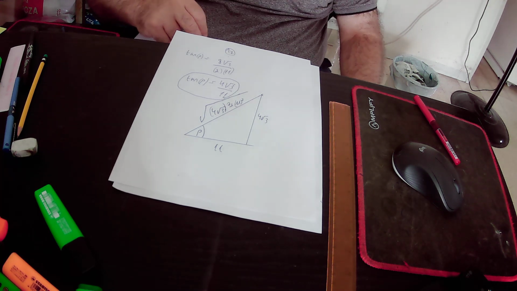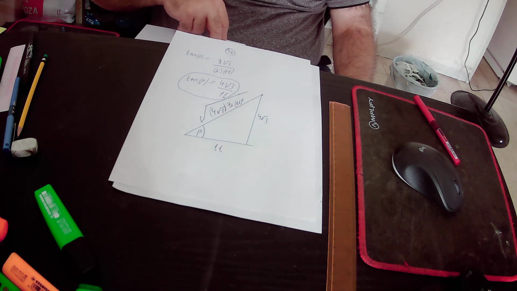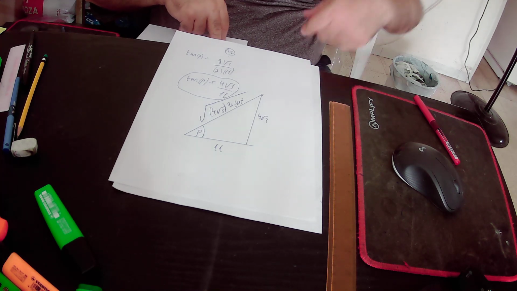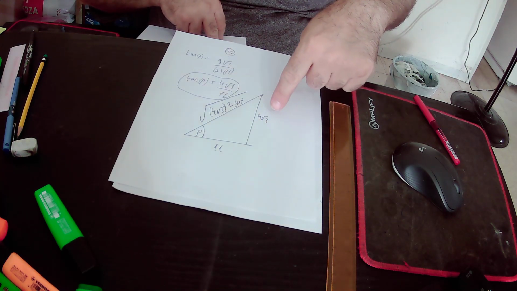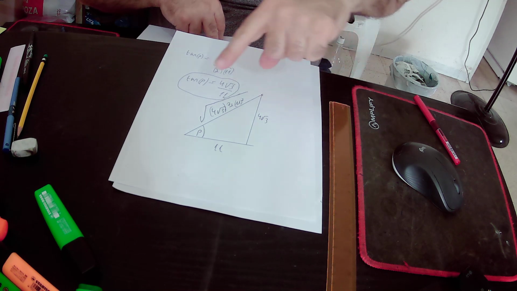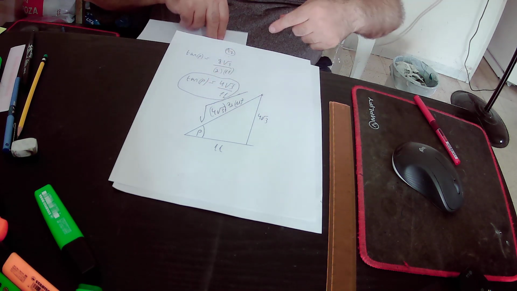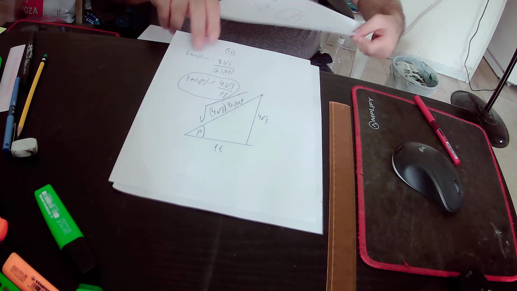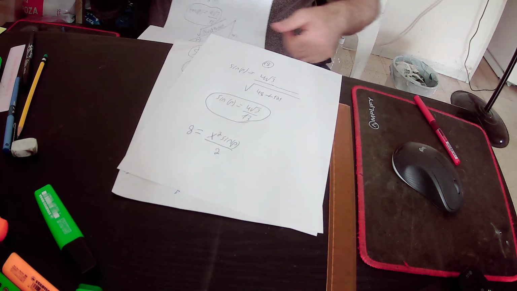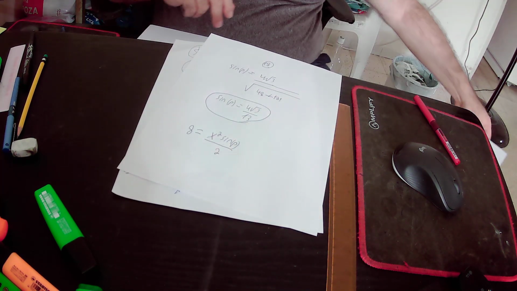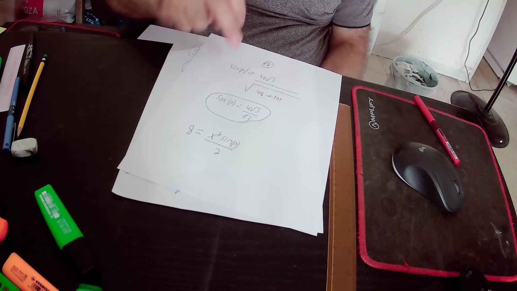And then we calculated the value of sine p. Sine p equals 4 times root 3 over the hypotenuse. So we found out that sine p equals 4 times root 3 over 13.